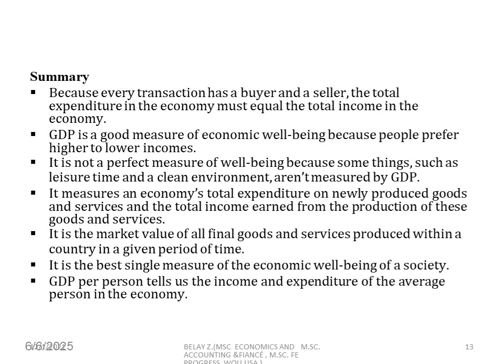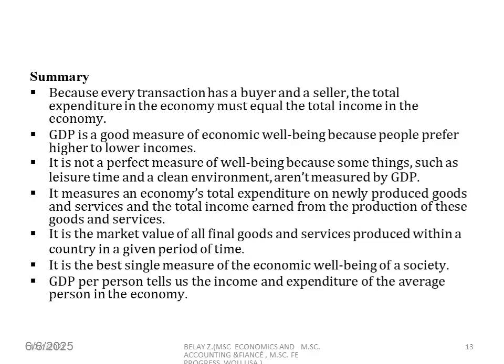GDP is a good measure of economic well-being because people prefer higher to lower income. It is not a perfect measure of well-being because things such as leisure time, a clean environment, and environmental pollution are not measured by GDP.